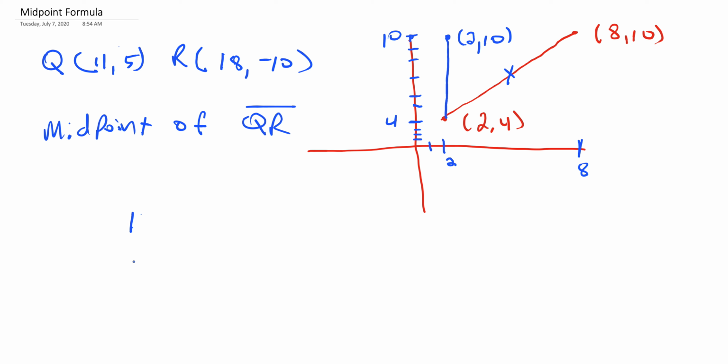No, 10 minus 4. Look at these numbers right here. One way to think of it is big number minus little number. It's 10 minus 4, and that gives you the distance, which would be 6. Then what do you do from there?